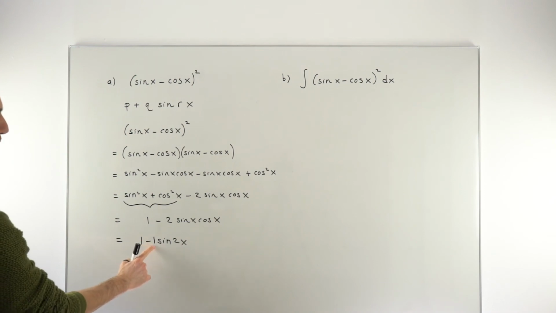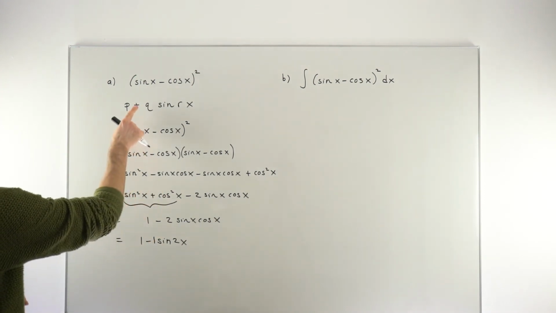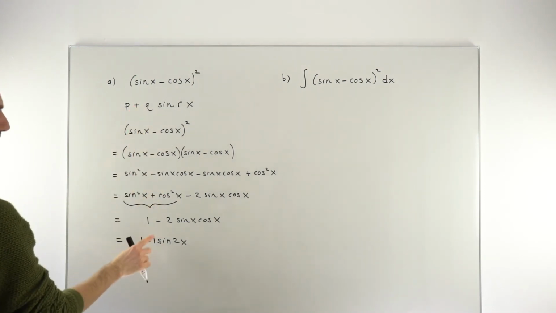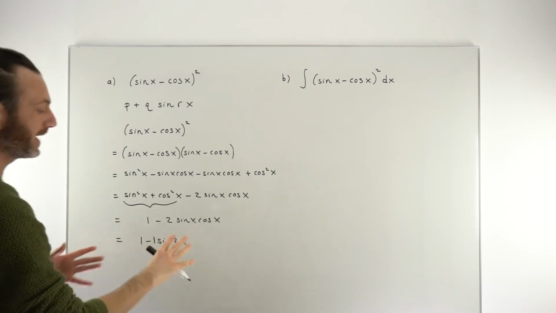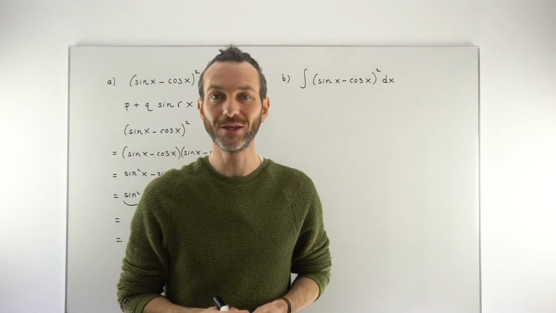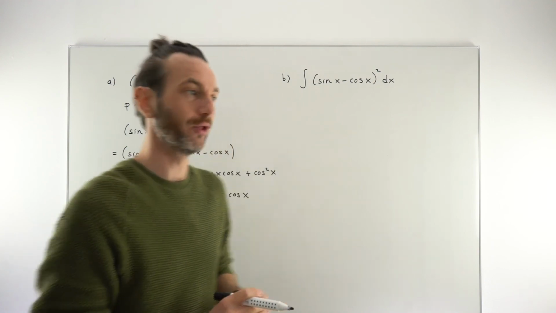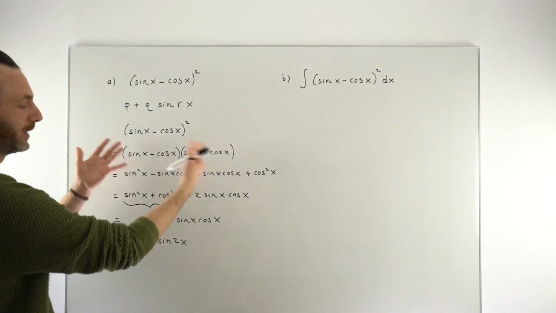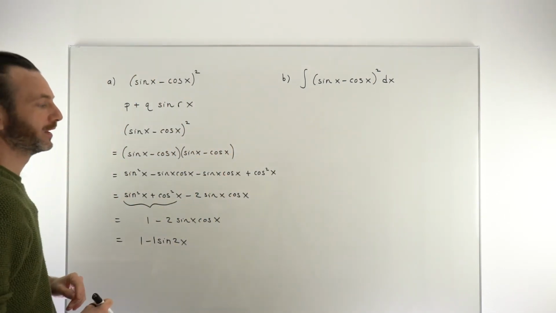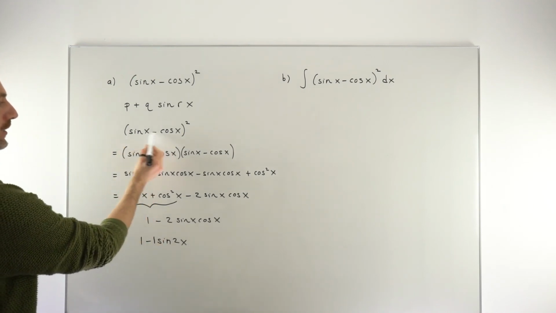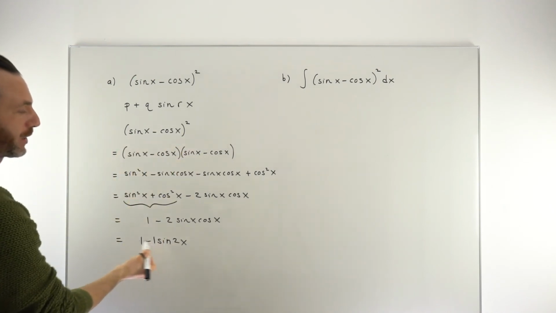So it's minus 1 times sine. So the plus q is actually a minus 1. So we've met the criteria, but not easy. These trig identity questions are quite challenging. So you need to know the rules, you need to know what to look out for. So anyway, we've turned this expression here into this expression here.